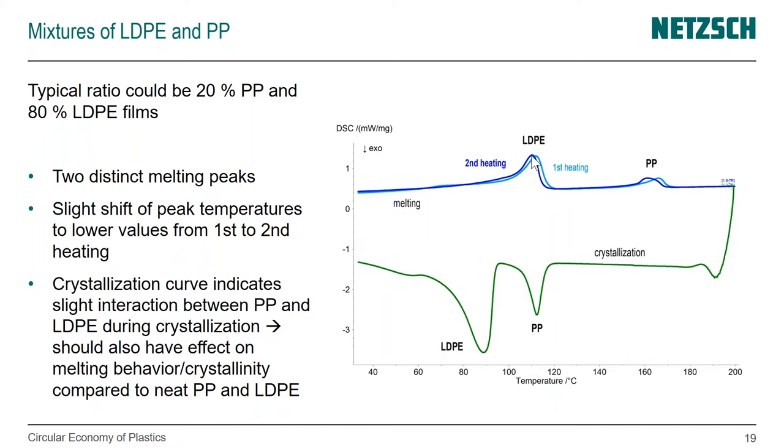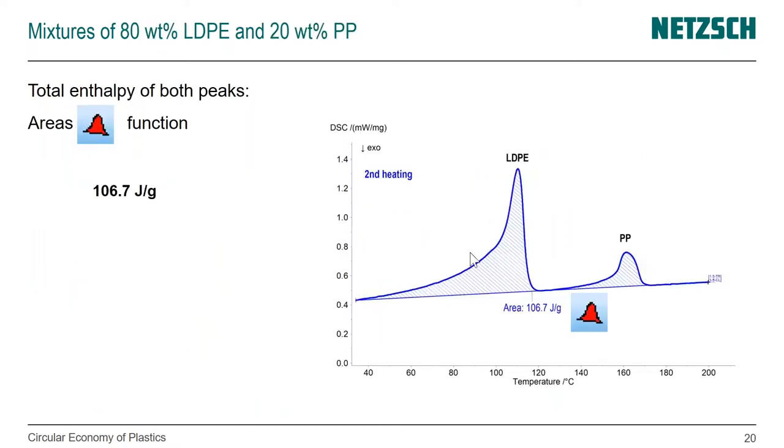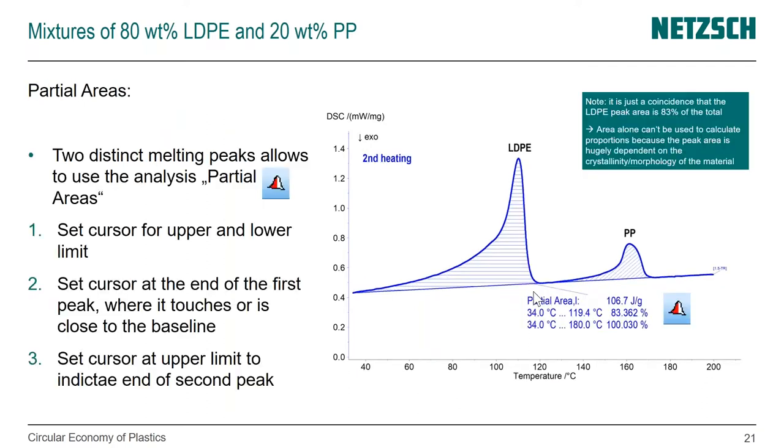So when we enlarge the blue curve, and we just want to understand the enthalpy that we have with 80% LDPE and 20% PP, we get an area of 106.7 joule per gram. And since these peaks are so easily distinguishable, we could easily just use the function of partial areas, which allows us to separate the area of the two more or less manually.